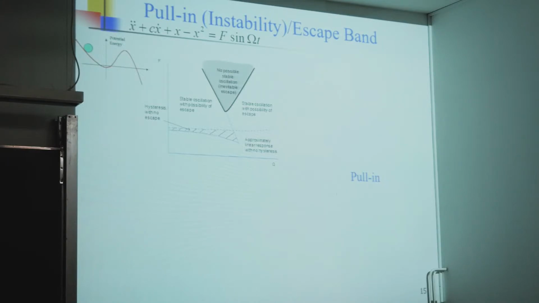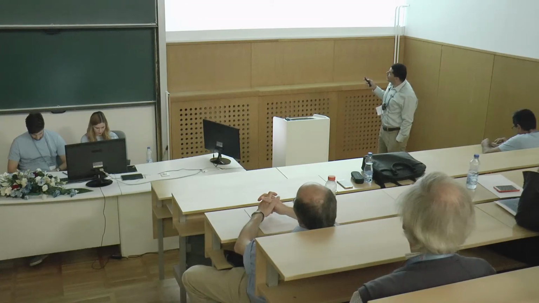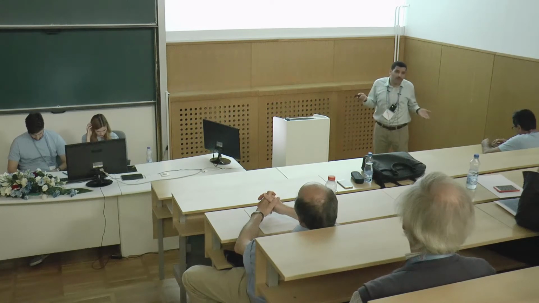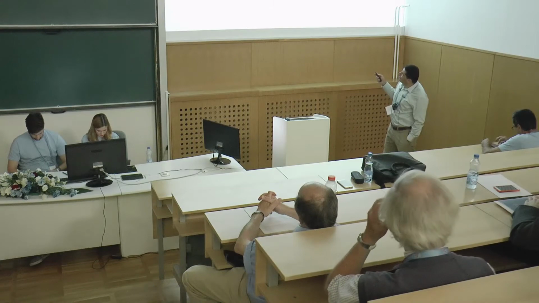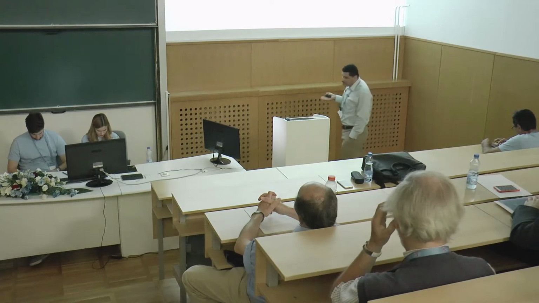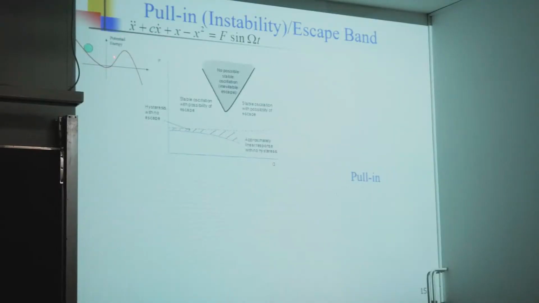Still, it's multi-stable and it has jumps, and actually it can jump out of the well to infinity in this case, or it may not, depending on the initial conditions. But once you reach this V shape, you have a must or inevitable escape band in which this oscillator cannot oscillate, and essentially the ball will escape the well, or if you think about MEMS, the structure will collapse.